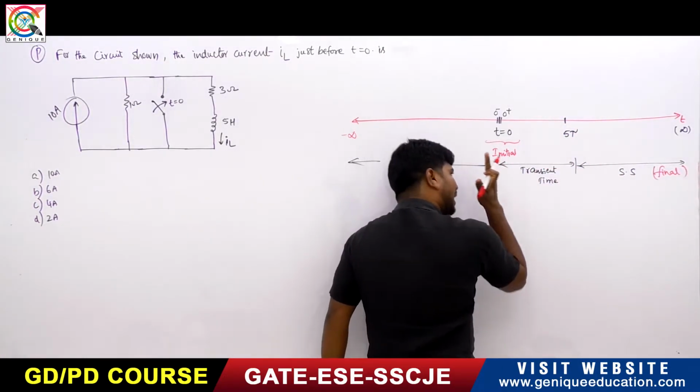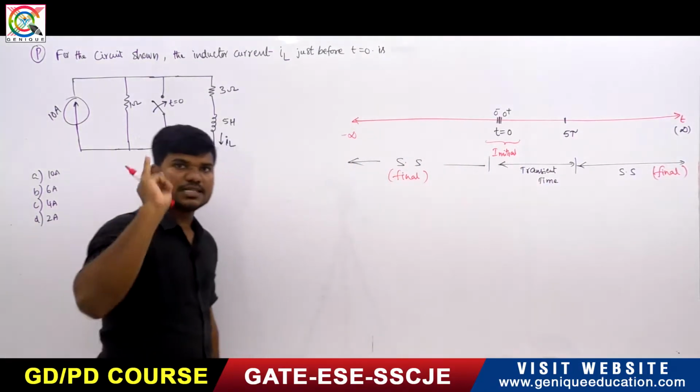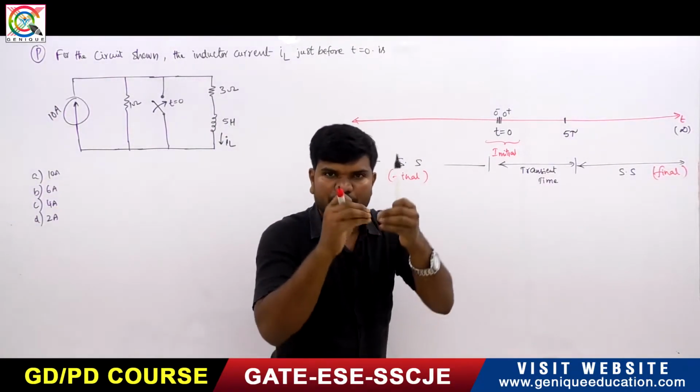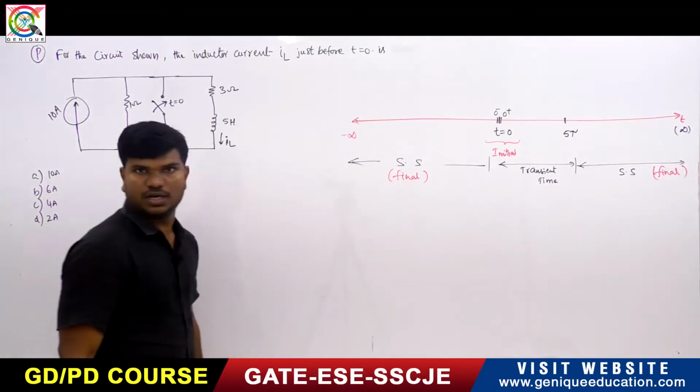But from the switching to 5 time constants is called the transient time. This is very important. I am just giving brief information, not going into the details, but this much you should learn.